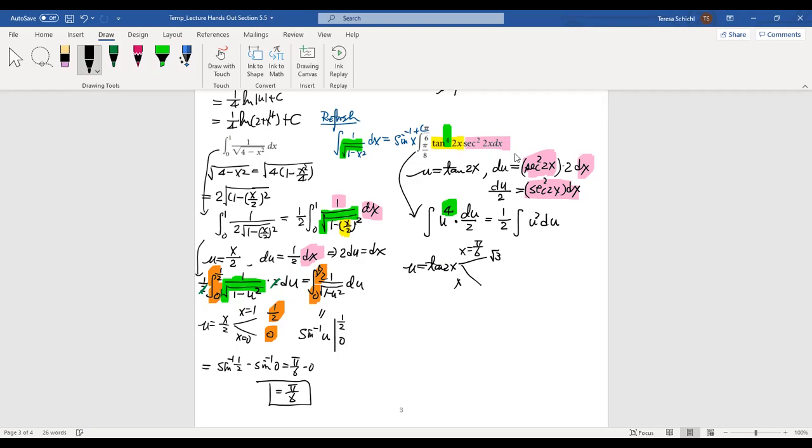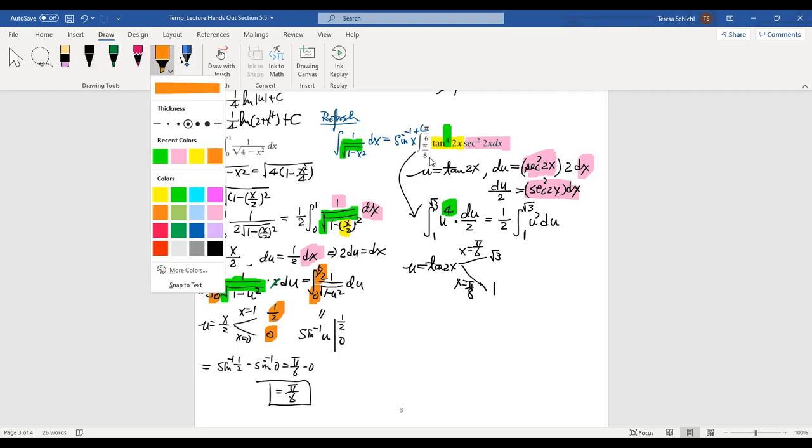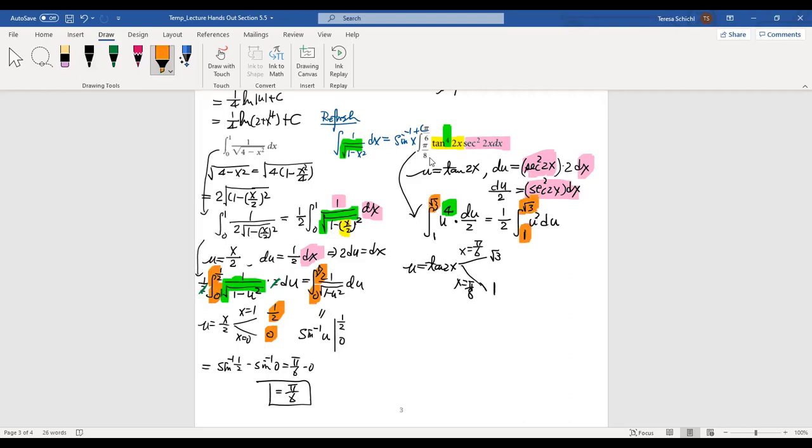Then when x is equal to pi over 8, 2x is pi over 4, which is 45 degrees. So tangent 45 is equal to 1. Wow, okay, so here is my new bound, which I calculated from here.